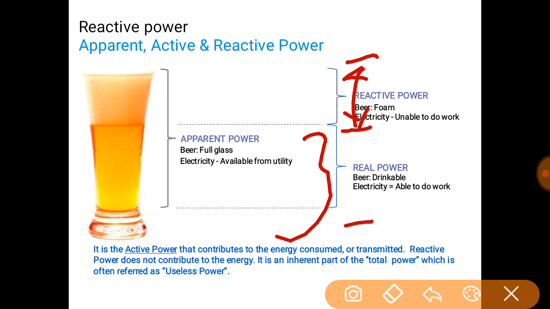This is called real power. Similarly in a power system, real power is usable, and second, like beer foam, reactive power is unable to do work and is only used for magnetization. Apparent power includes both reactive and active power.